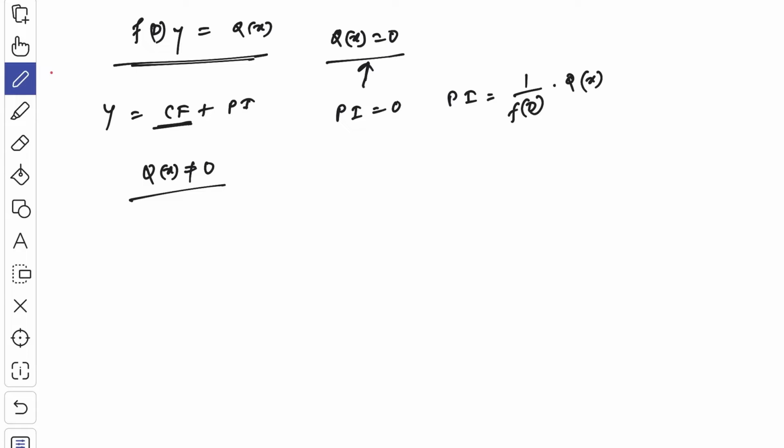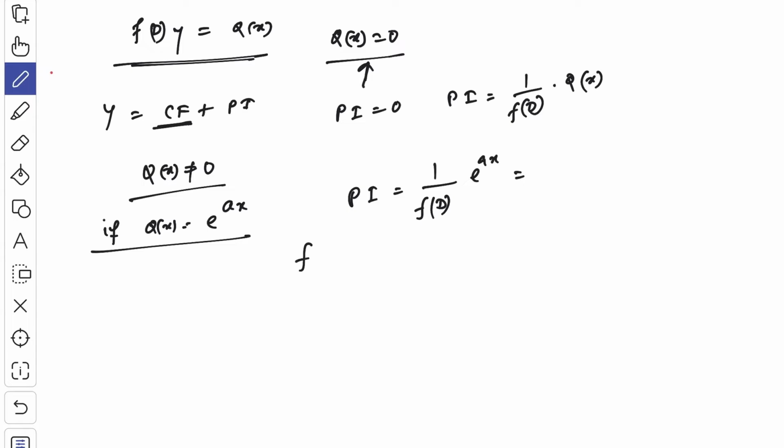If Q(x) is equal to e to the power ax, then how to find PI? This PI is given by 1 by f(D) e to the power ax. Now you see, if f(a) is not equal to 0, then it's going to be 1 by f(a) e to the power ax in this case.